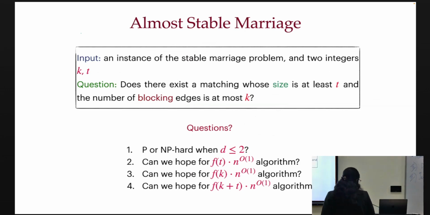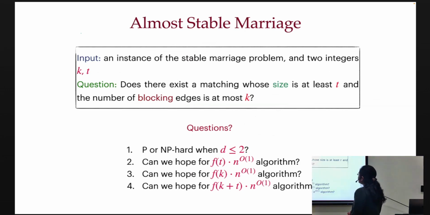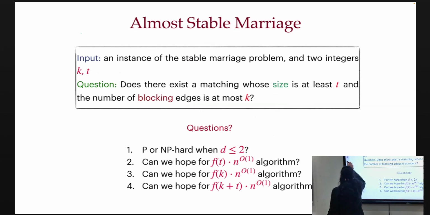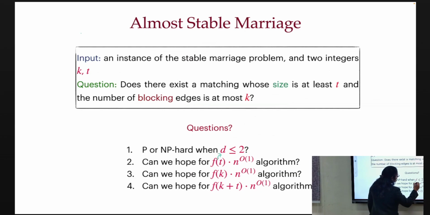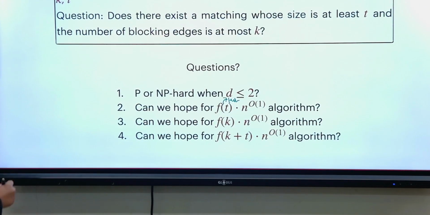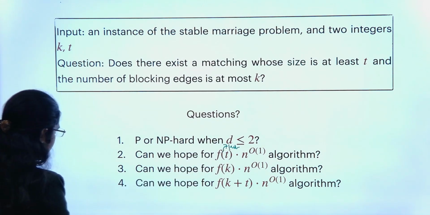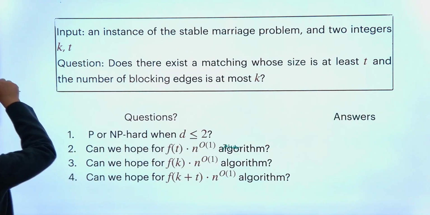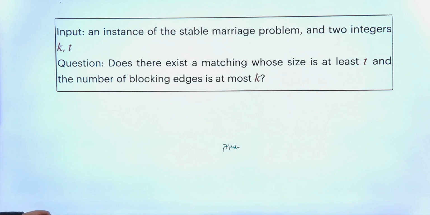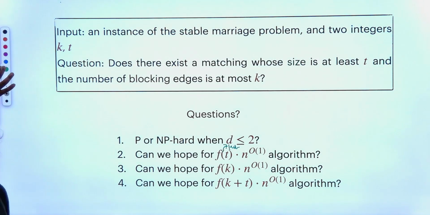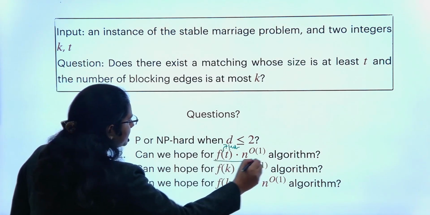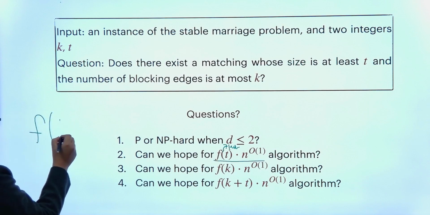Okay. So this is basically mu minus. Mu minus, so this is basically f of mu.